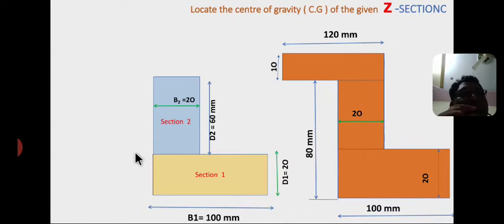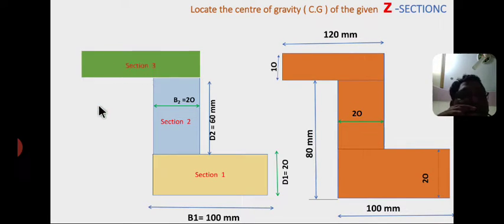Now I am taking the third rectangle as section 3. This is section 3. The dimensions are base B3 equal to 120 and depth D3 equal to 10 mm. This is the base, from here to here 120 mm.